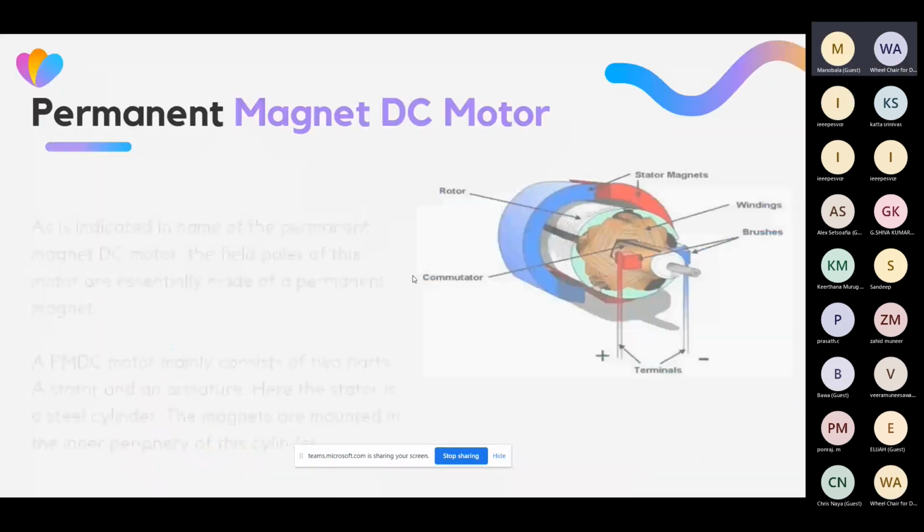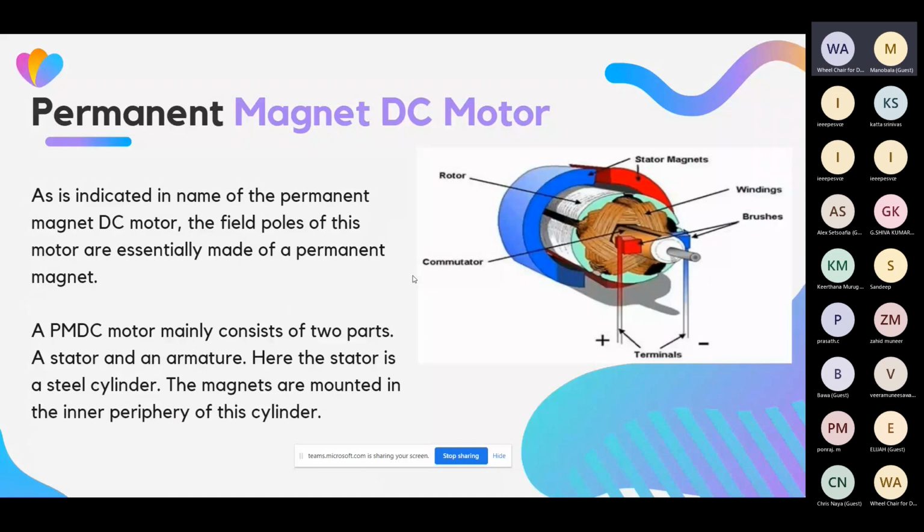Good afternoon, everyone. I'm Sai Tarun. In this project that we have done, we used a permanent magnet DC motor to operate the wheels. As we all know, in a permanent magnet DC motor, the poles that are provided are permanent magnets.